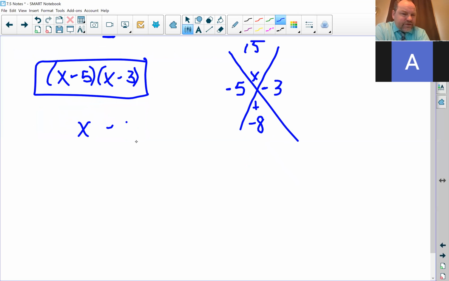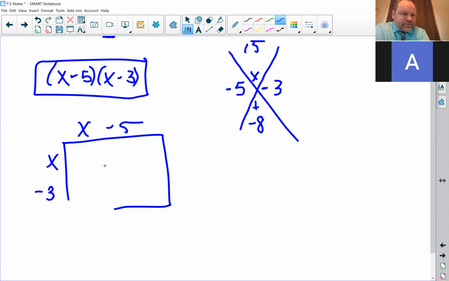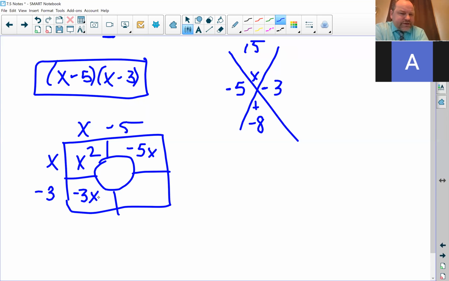x minus 5, I'll use the box method. X times x is x squared. X times minus 5 is negative 5x. Negative 3 times x is minus 3x. And this is plus 15.